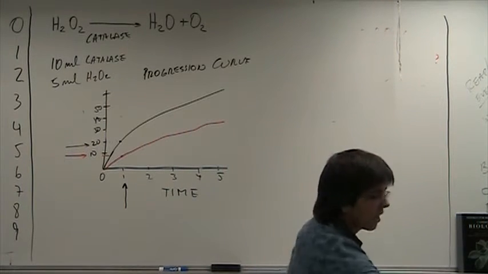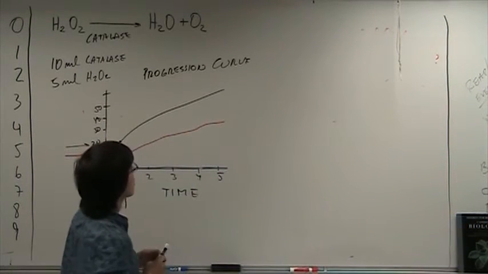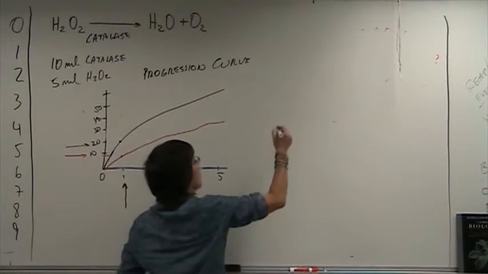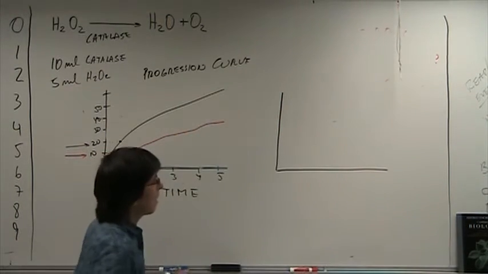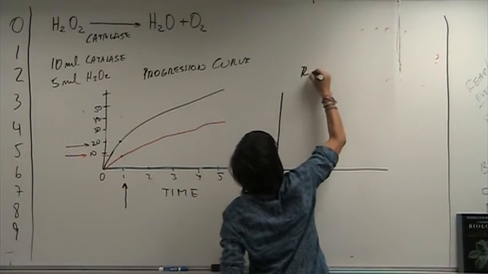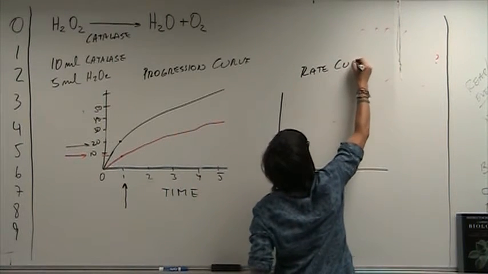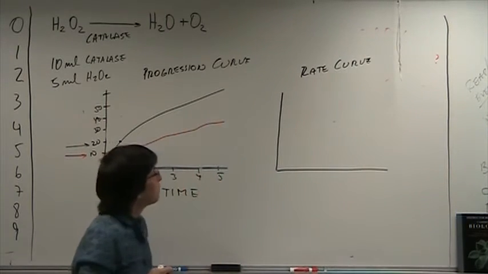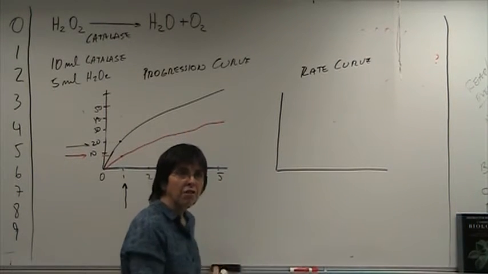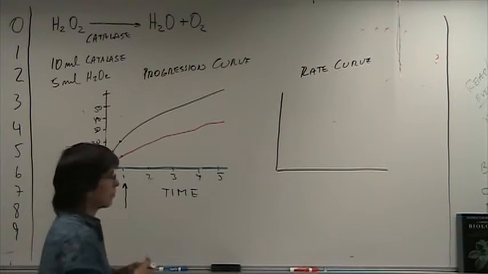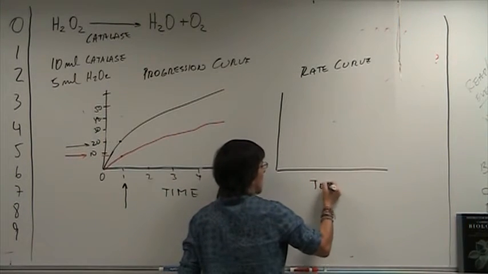Once you have your data for your progression curve, you are going to draw what is called a rate curve, where you are going to put basically how the rate of reaction changes under different temperatures. So here you're going to have temperature.